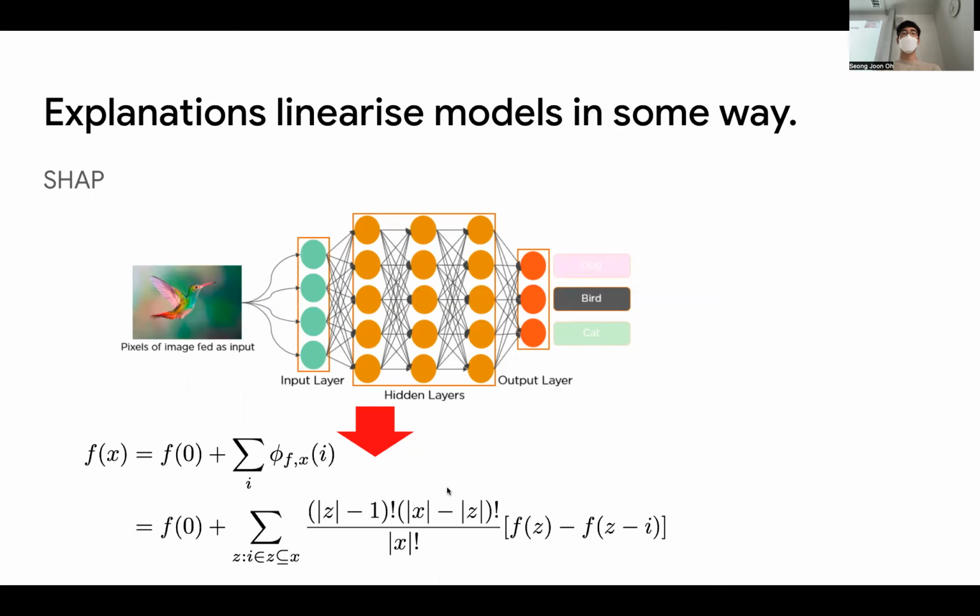And then there's SHAP, and this is also a linear function because you're also summing over contributions depending on these coefficients.